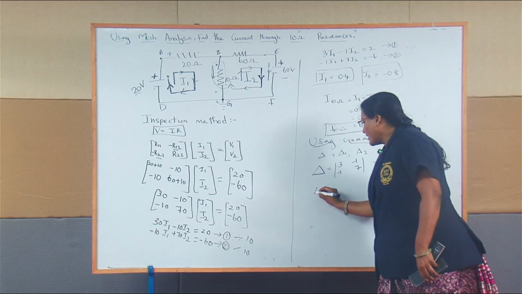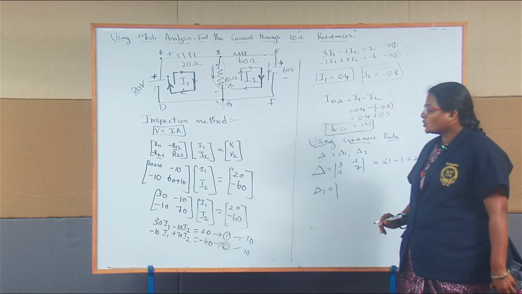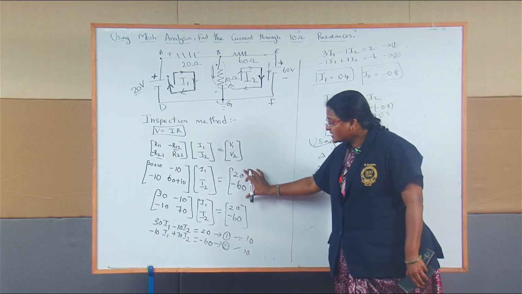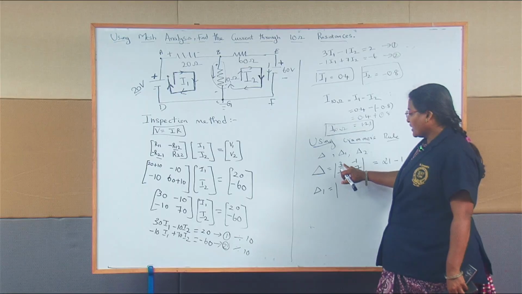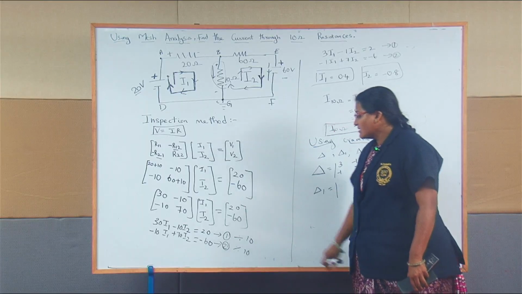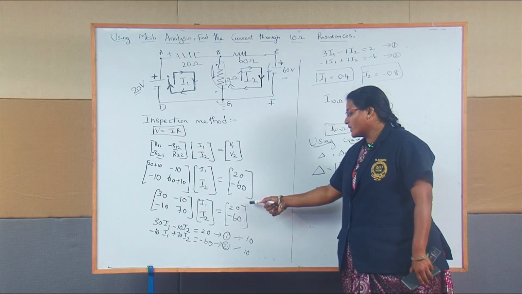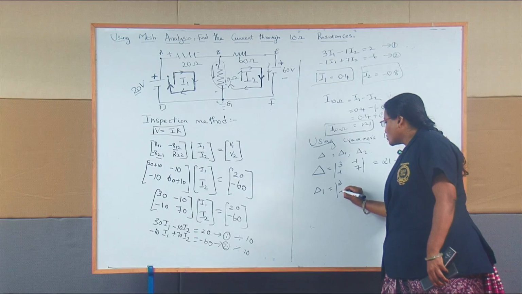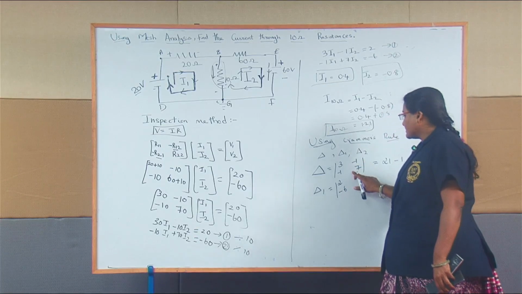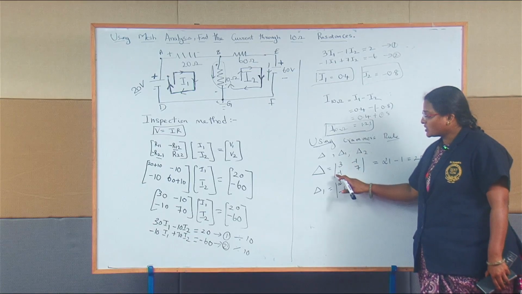Similarly, you have to find out del 1. For del 1, you have to replace this column, 3 minus 1, with 20 and 60. You already divided by 10 here, so it will become 2 and minus 6. You no need to change the other column, you have to replace the first column alone.